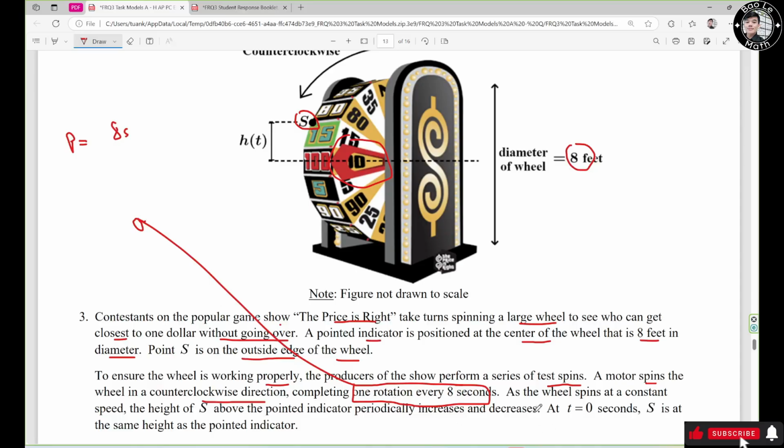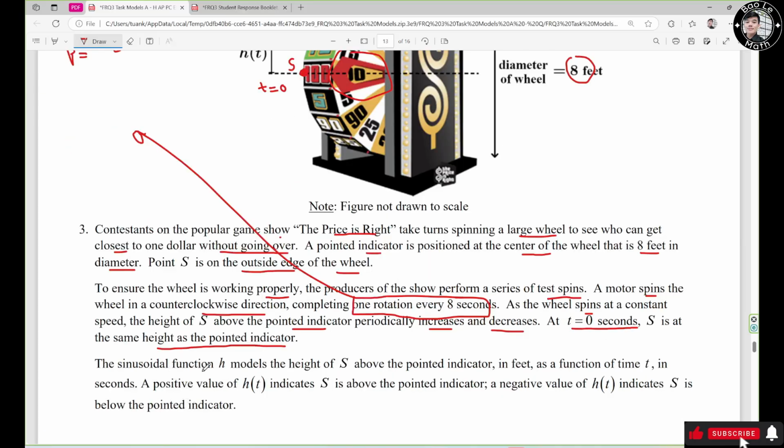So keep that in mind. As the wheel spins at a constant speed, the height of point S above the pointed indicator periodically increases and decreases. At time t equals 0 seconds, point S is at the same height as the pointed indicator. So this right here is t equals 0, and this is point S.